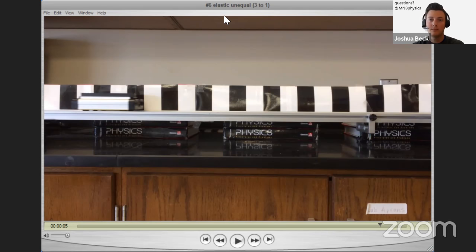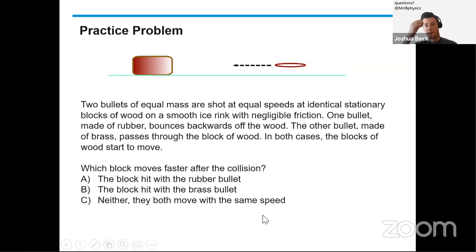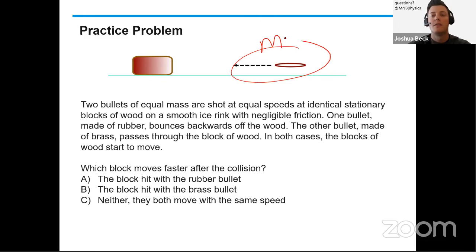Okay. So what does this have to do with our practice problem? Let's go back to it. Let's analyze this, but just looking at the momentum of the bullet. I want to start with the brass bullet. It has M1, V1. It says it's going to go through this block.